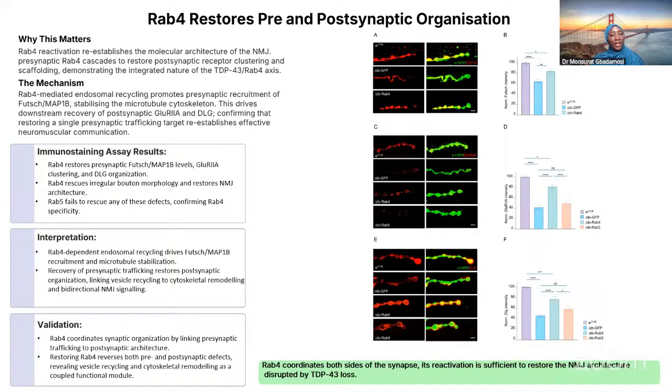But what we could get from here is that RAB4, which is regulating endosomal recycling, if you overexpress it in this mutant, is sufficient to recover the presynaptic terminal and reconnect it with the postsynaptic terminal to improve synaptic transmission. This is interesting because now we have RAB4 and Futsch doing this recovery synergistically outside of TDP43, because these flies do not have TDP43.